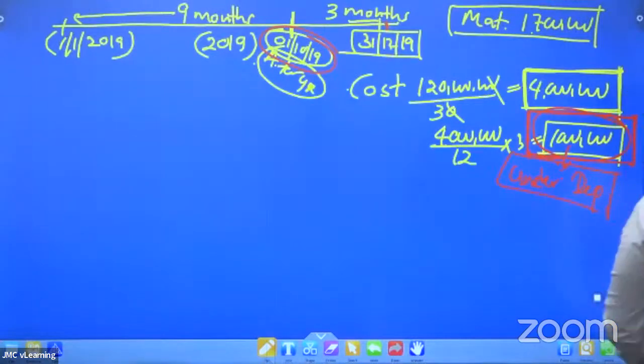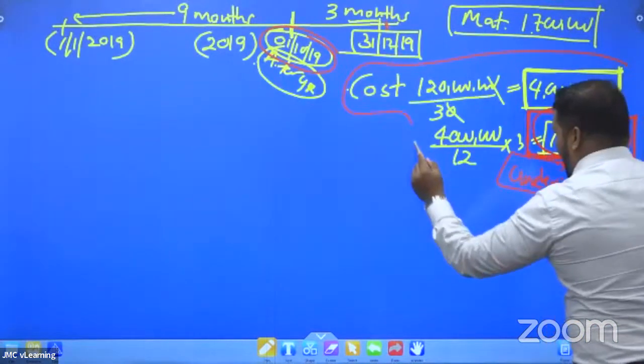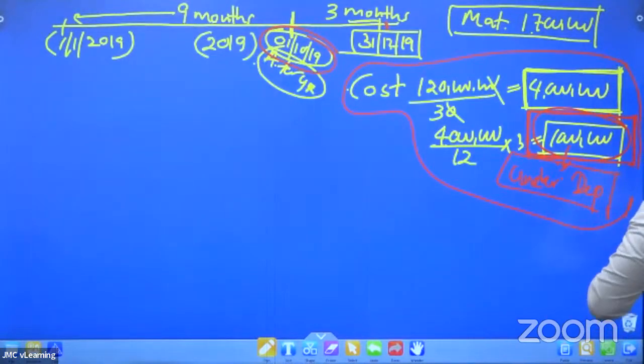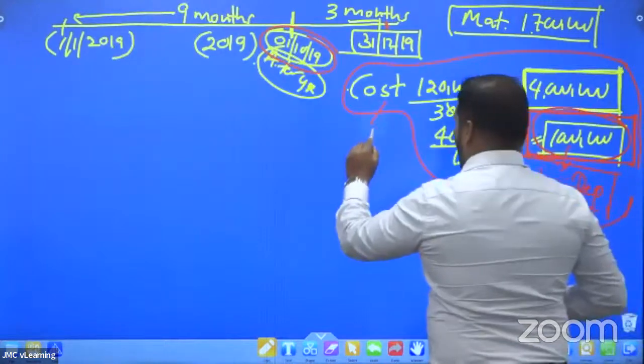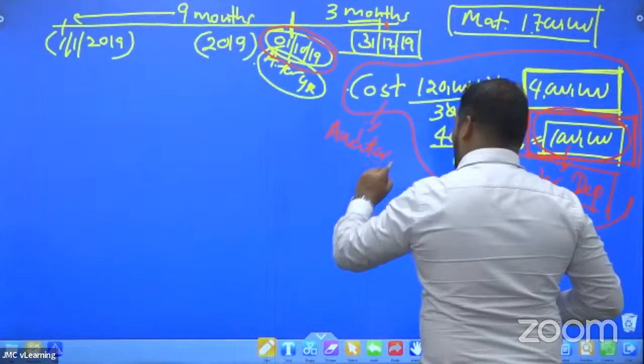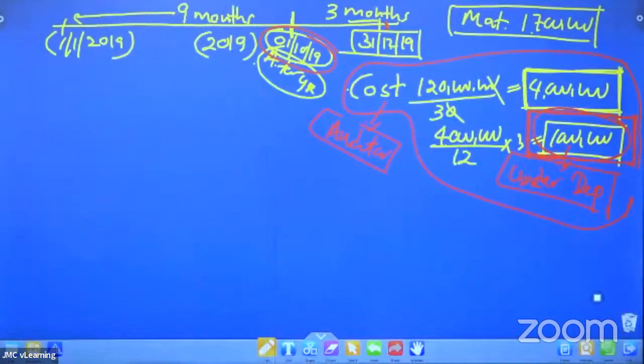So this will be identified as an error by the auditor, which has not been corrected in the financial statements.